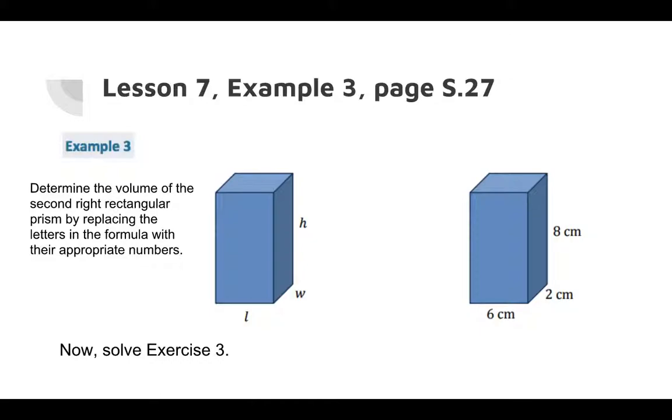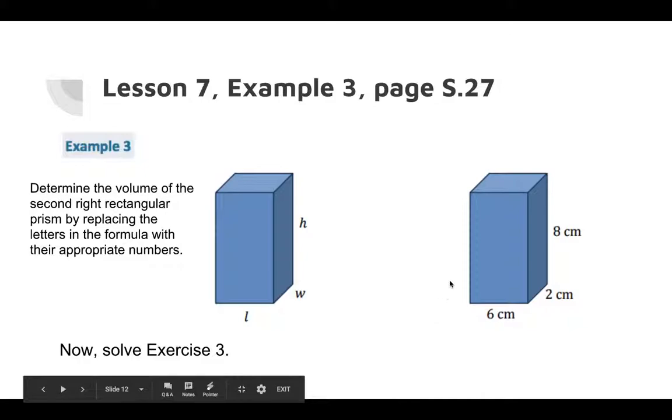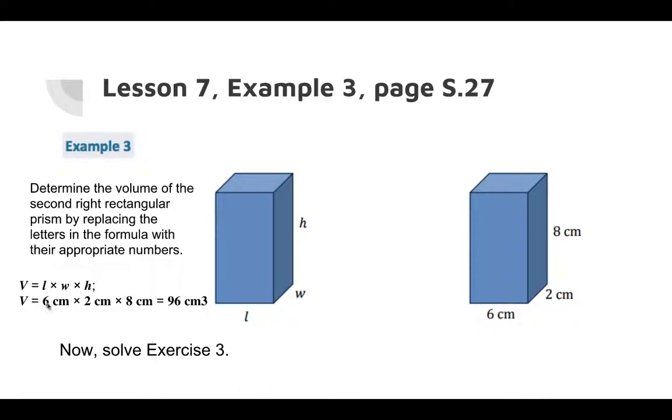Determine the volume of the second rectangular prism by replacing the letters in the formula with their appropriate numbers. Remember, our volume was length times width times height. So now you are multiplying 6 centimeters times 2 centimeters times 8 centimeters. 6 times 2 times 8, and your answer will be 96 centimeters cubed.